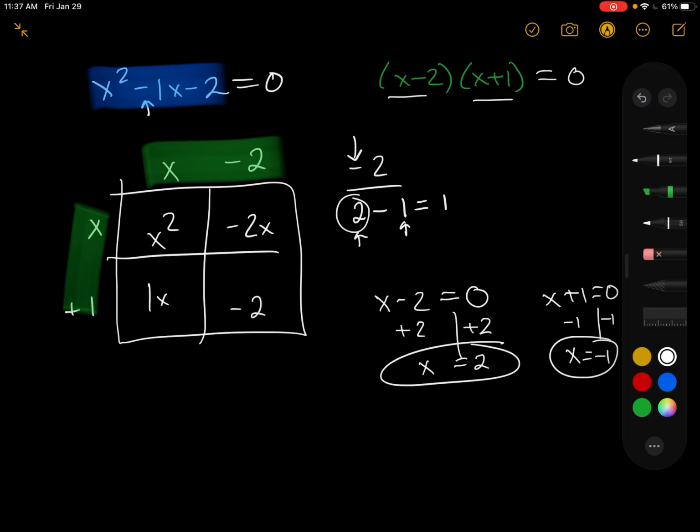The only other thing to look out for, and this is just a final note for this video, is make sure that it is actually set equal to 0 before you start solving. So this rule only works if it's equal to 0. If it's equal to like 7, for example, it doesn't work. So what might happen is maybe you'll have something like x squared minus 4x minus 2 equals, let's say, negative 3.